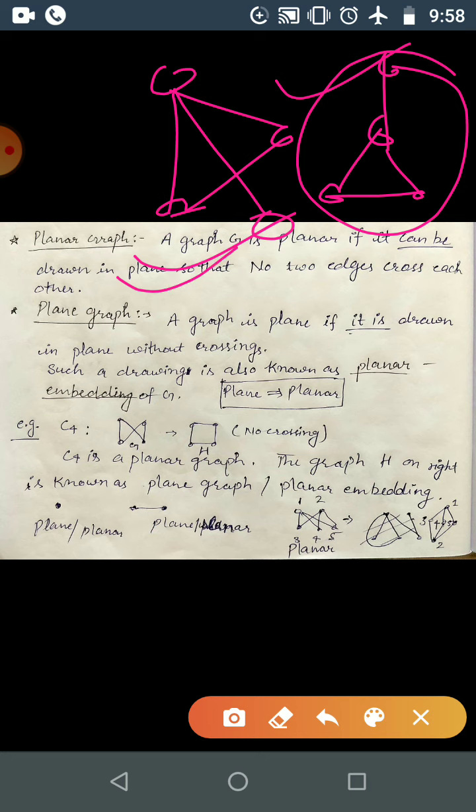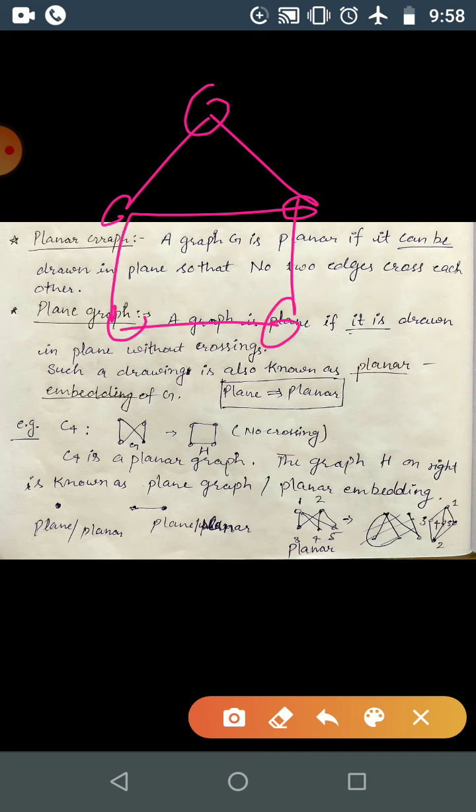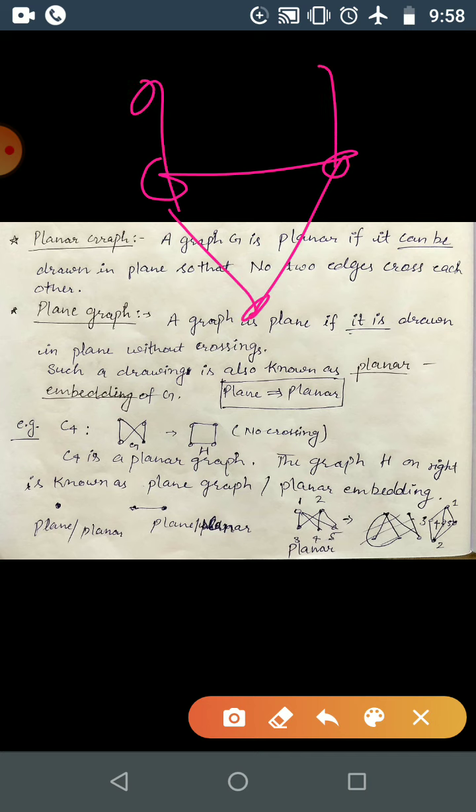Okay. Likewise, you can have some house. So house was looking like this one, correct? So it was planar, correct? Likewise, you can have some bull type. This one is again planar, correct?